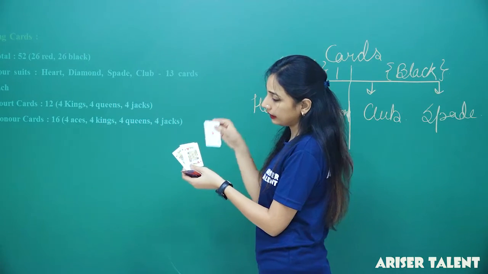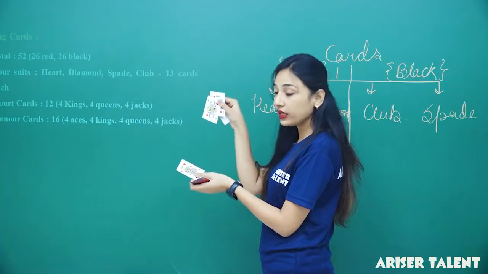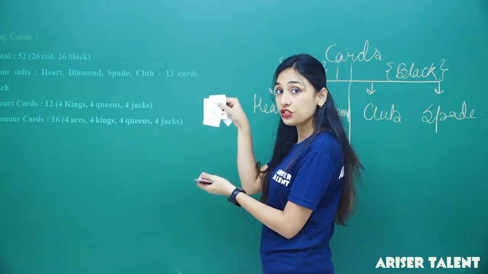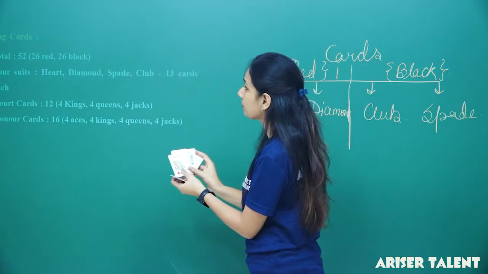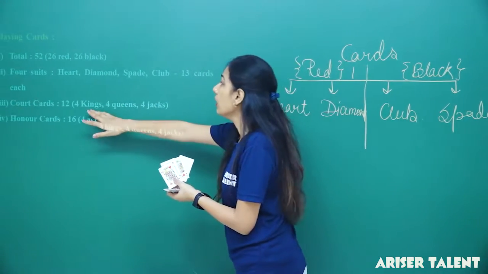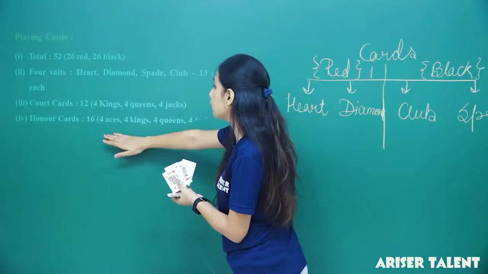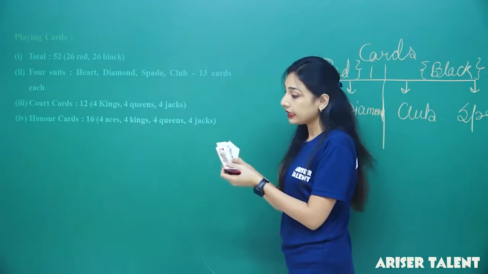This is ace, then king, then queen, and then jack. Which 4? These 4 honor cards: 4 aces, kings, queens, and jacks.